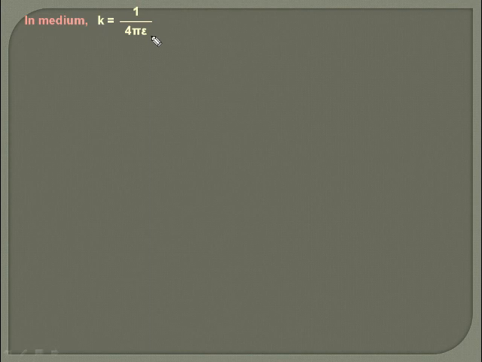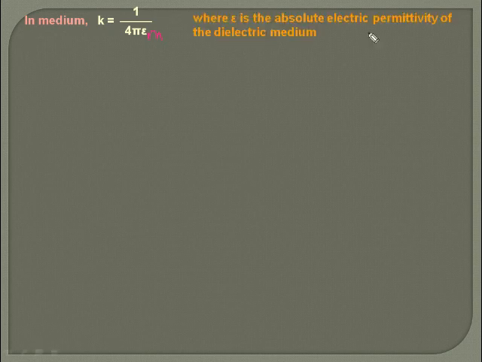Here epsilon is the permittivity of the medium. Initially we had epsilon naught, but now we have epsilon, which denotes the absolute permittivity, not of vacuum, but of the medium. You can read there, epsilon is the absolute electric permittivity of that dielectric medium.